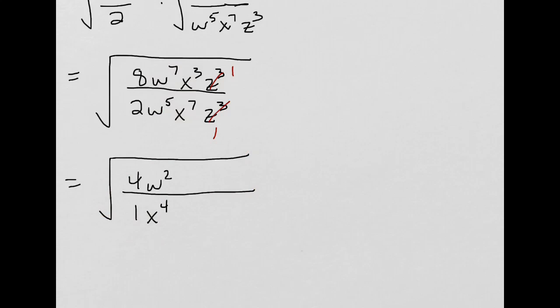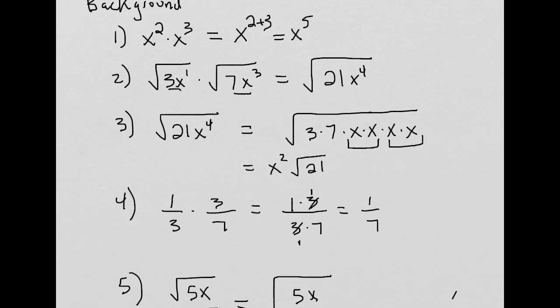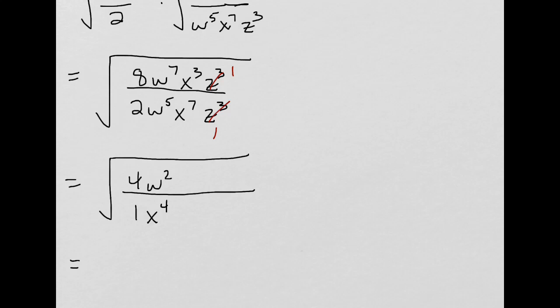All right, the next step then is I'm basically going to try to simplify this square root. So I'm going to look back to see how he did that by looking at number 3. So remember that my first job is to try to factor it, and then for every 2 factors of any particular type, I'm allowed to pull one out. So if we go back to our problem, well, what I know about 4 is that it can be factored into 2 times 2.